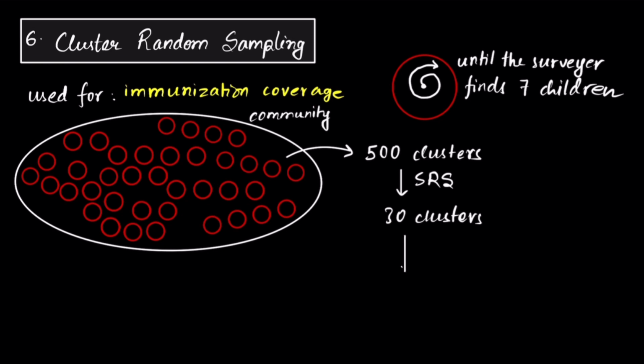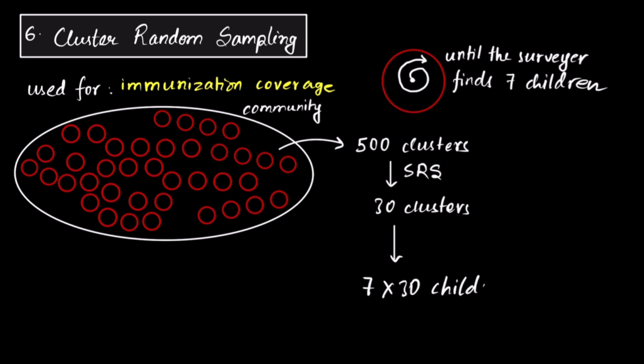So from each cluster, 7 children are chosen. That is, from 30 clusters, a total of 210 children are chosen. In this case, random sampling is not possible. Instead, first come, first served is applied. That is, the first 7 children that the surveyor finds in the chosen cluster are the ones that are going to be part of the sample.